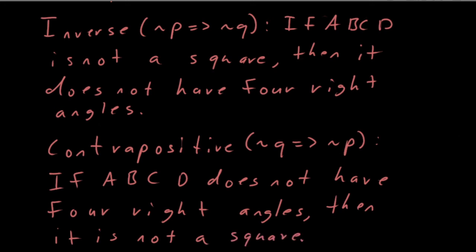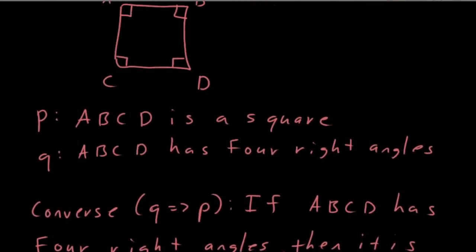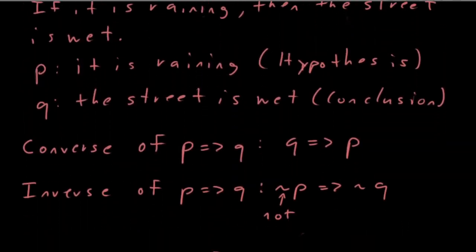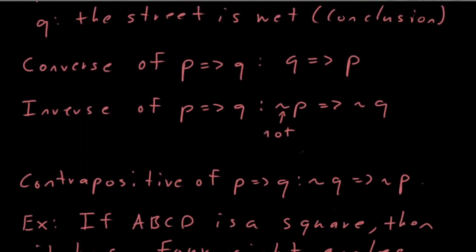Okay. So the main thing with these is you have to memorize, or learn, that the converse of P implies Q is Q implies P. The inverse of P implies Q is not P implies not Q. And the contrapositive of P implies Q is not Q implies not P.